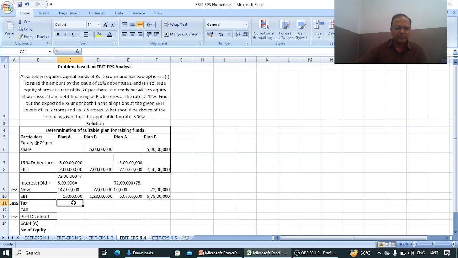Now tax. Tax rate is 50%. 53 lakh into 50% is 26.50 lakh.